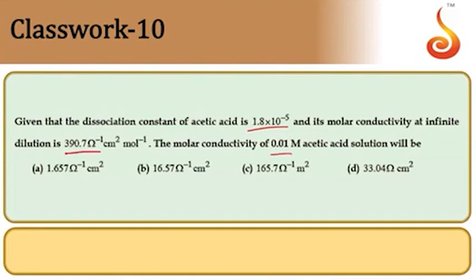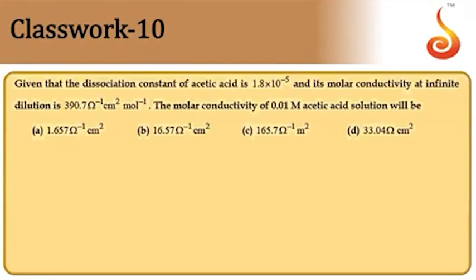They are asking for lambda molar, the molar conductivity of the solution. They gave us the Ka value, the dissociation constant of acetic acid. They also gave us the lambda naught molar value, 390.7. So lambda naught is there, Ka is there, and lambda molar we need to find out.